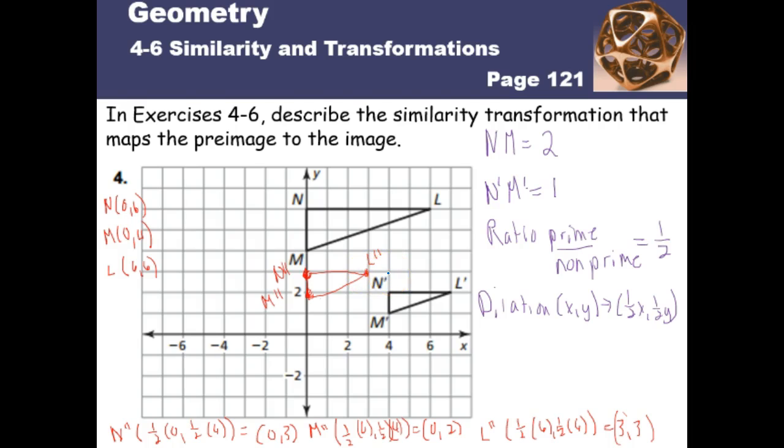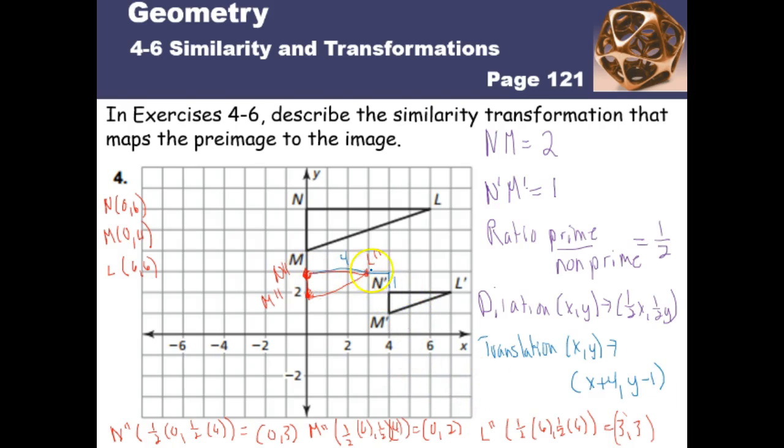So right 4 and down 1. So it's a translation, and (x, y) gets mapped to right 4 is x plus 4 and down 1 is y minus 1. So that's how I'm going to get from here to here.